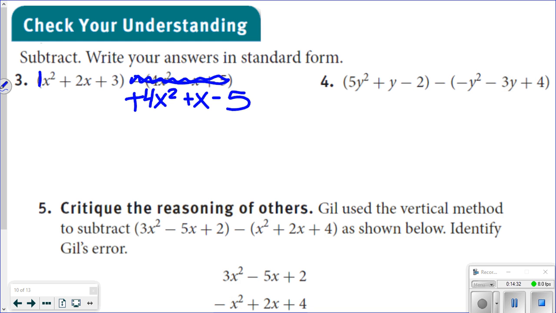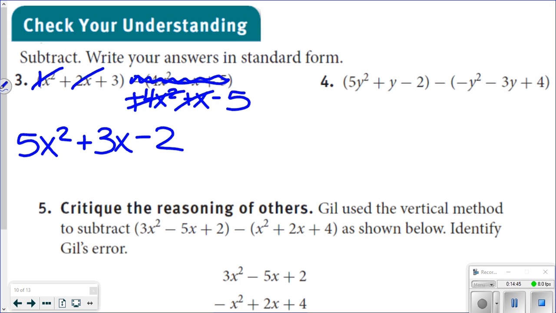One x squared plus 4x squared, 2x plus x, 3 minus 5 is negative 2, and this is in standard form. And then I'm going to write this vertically.